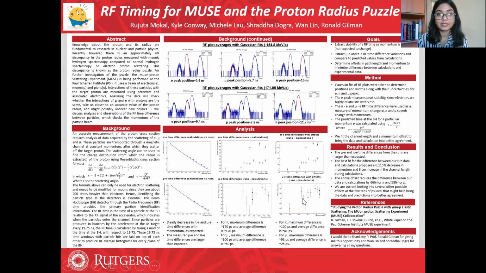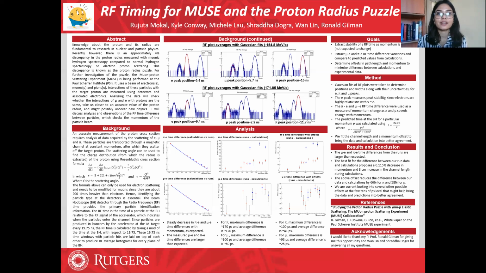The third column in the analysis section shows these differences with the offsets applied, and you can see that the average difference for pions decreases from 120 picoseconds to 41 picoseconds, and for muons, it decreases from 60 picoseconds to 25 picoseconds.